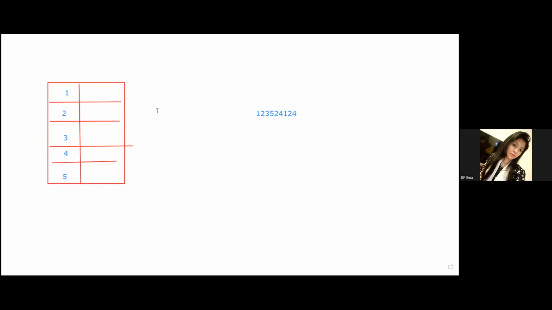Assume that we only have 4 free frames. When it requires 1, what we do is copy the current clock value. Let's assume it's 1. Then it requires 2, then we copy that 2, this is again 3, and when it comes to 5, the clock value is 4. So we already have 4 frames in memory. When it again goes back to 2, we are trying to access something which is already in our memory. So what we are doing is updating the counter value to the current clock value.